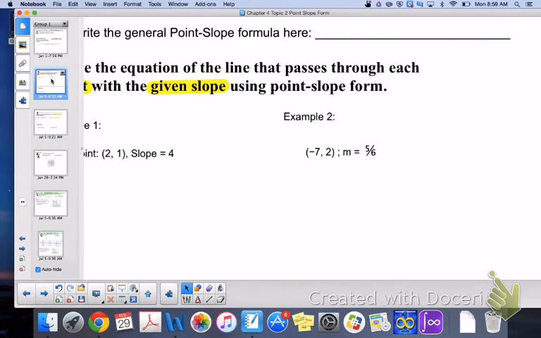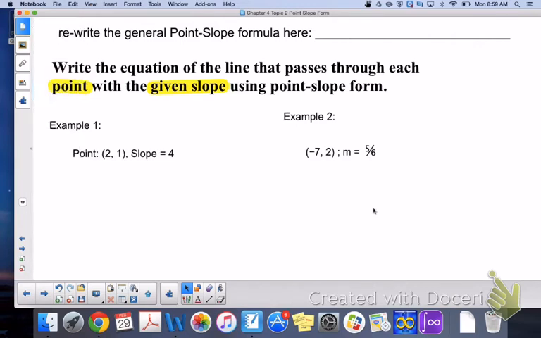So again, the general form of the equation: y minus y1 equals m times x minus x1. Please write that in every time. The more you write it, the better you're going to be at remembering it. So when you have the point (2, 1), that goes in for x1 and y1. Your slope goes in for m.